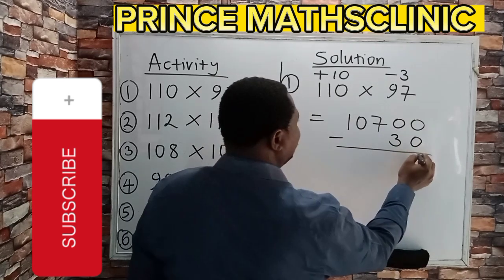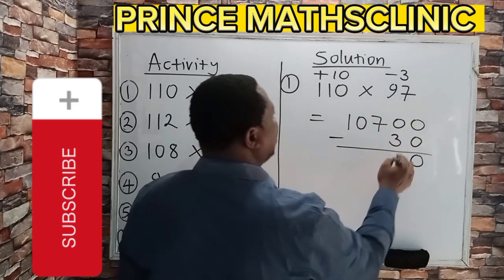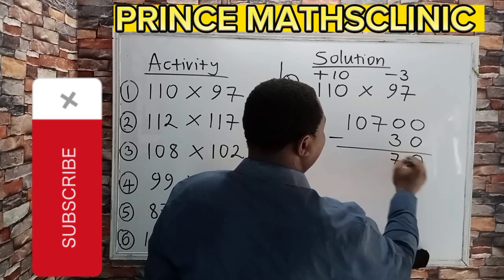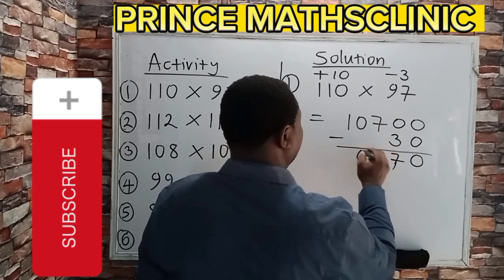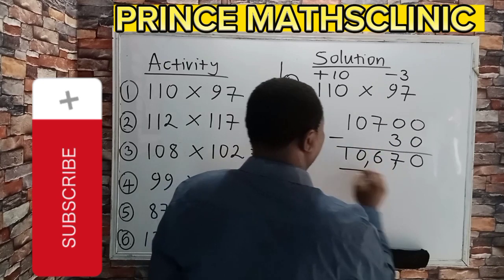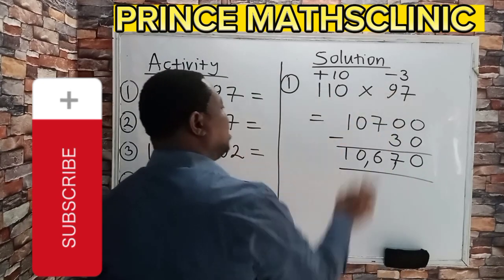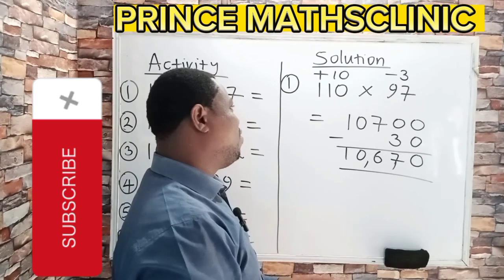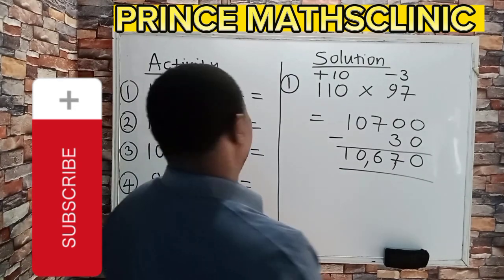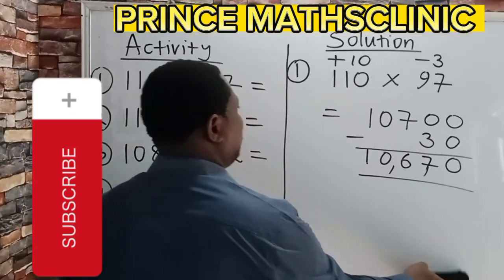So 0 minus 0 is 0. Borrow 1. 10 minus 3 is 7. Then there is left with 6, 0, and 1. So if you say 110 times 97, you have to get 10,670.